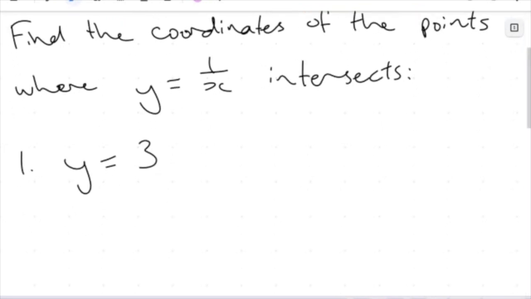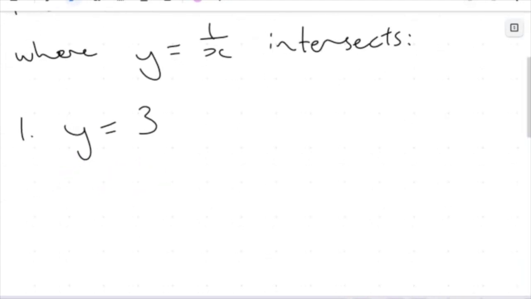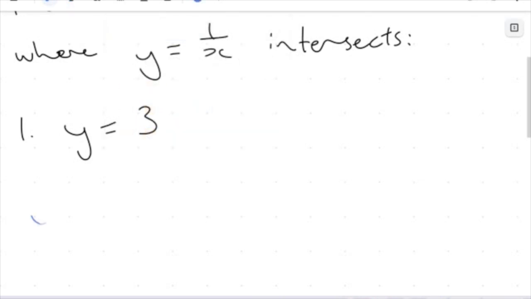So these two questions we're going to do require us to find the coordinates of the points where y equals 1 over x, this hyperbola, intersects with the line y equals 3. Now we have two simultaneous equations here. One is y equals 1 over x.